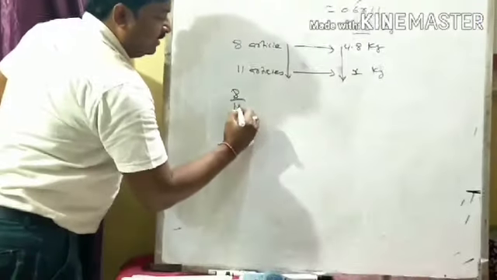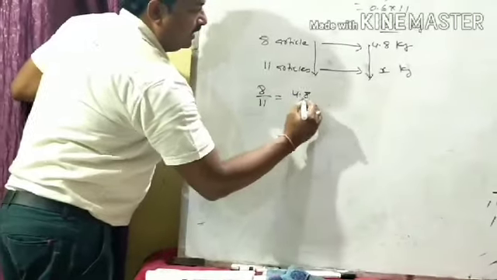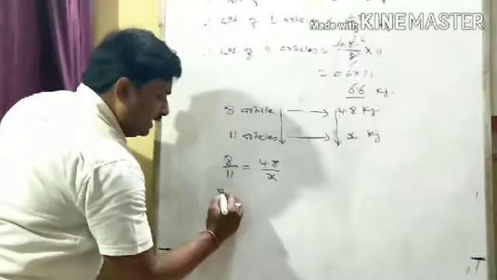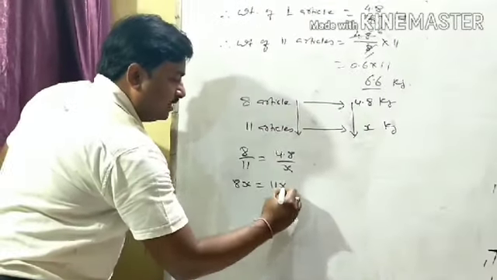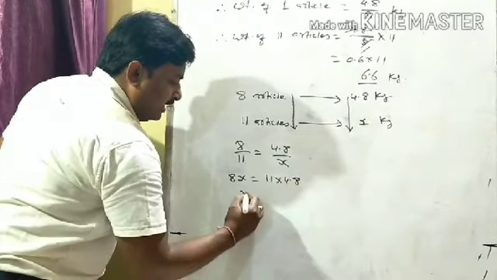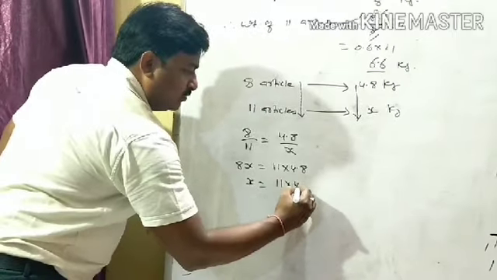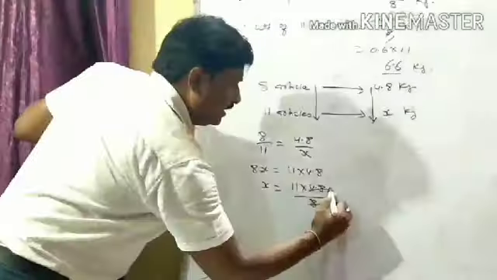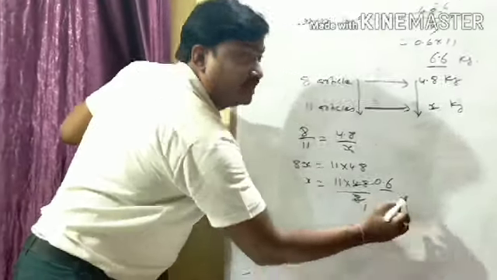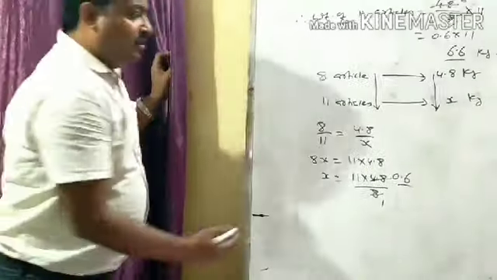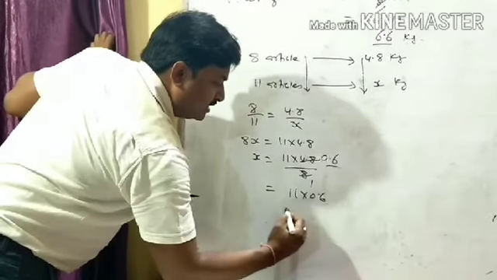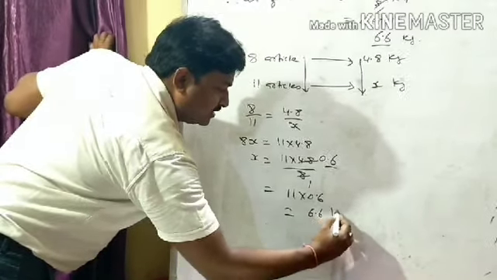So 8 by 11 is equal to 4.8 by X. Therefore 8X is equal to 11 into 4.8, so X is equal to 11 into 4.8 by 8. 8 6s are 48, 0.6 is here. Now multiply 11 into 0.6, it is 6.6 kilograms.